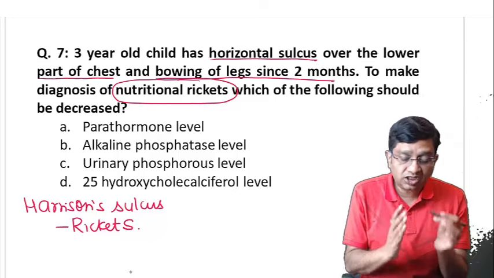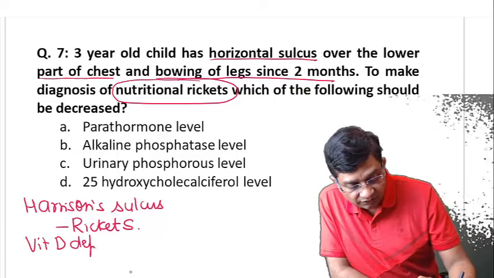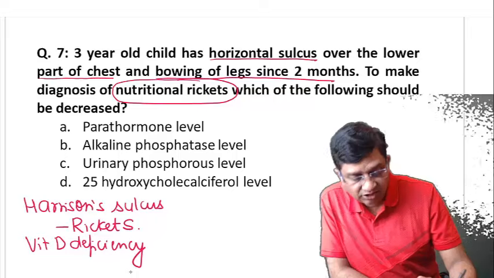To make a diagnosis of nutritional rickets: nutritional rickets is due to vitamin D deficiency.